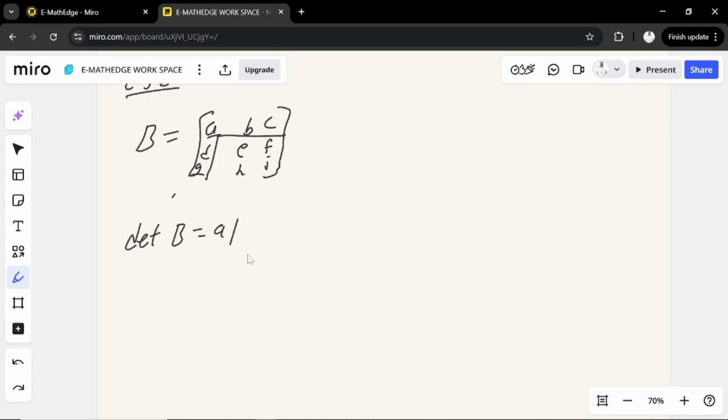So for us to consider the first row and the first column void, we are going to have e, f, h, and i, right? So we are done with the first element.